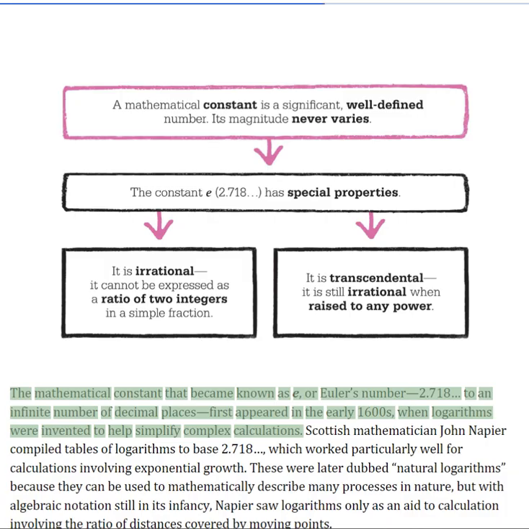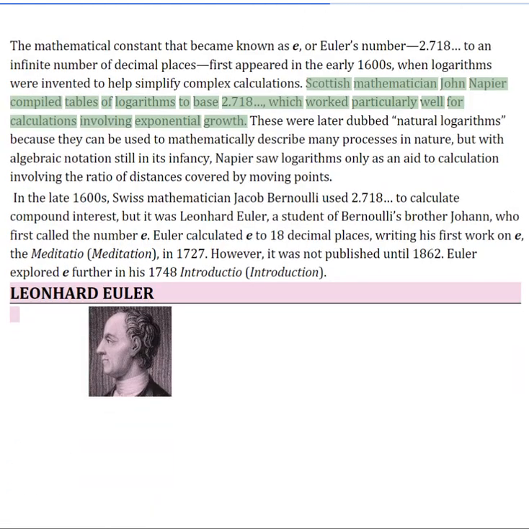The mathematical constant that became known as e, or Euler's number, 2.718, to an infinite number of decimal places, first appeared in the early 1600s, when logarithms were invented to help simplify complex calculations. Scottish mathematician John Napier compiled tables of logarithms to base 2.718, which worked particularly well for calculations involving exponential growth.